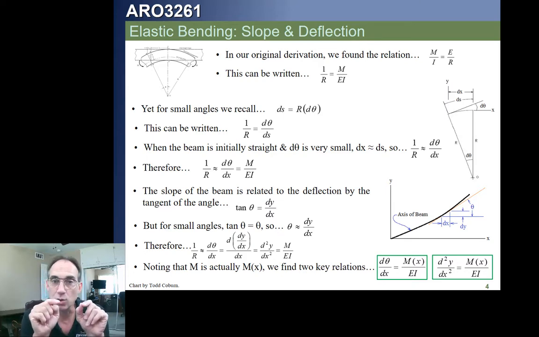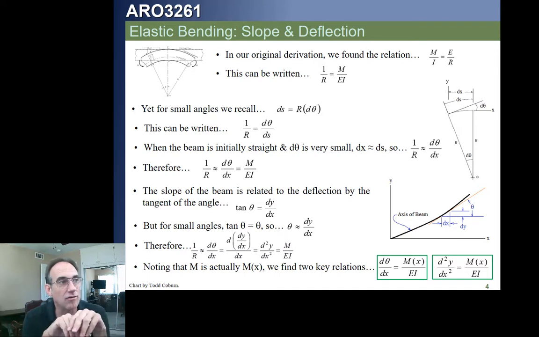What we're going to do is write our equation for the loading, integrate it to get the shear, integrate it to get the moment, integrate it again as we divide by EI in order to get the slope, and then integrate one more time as we continue to divide by EI to calculate the deflection. So these two relations are what we need.